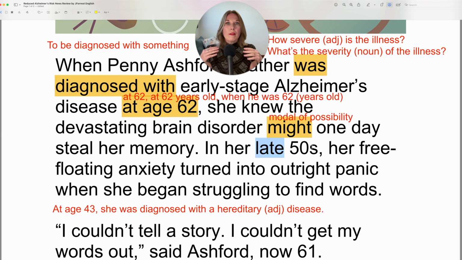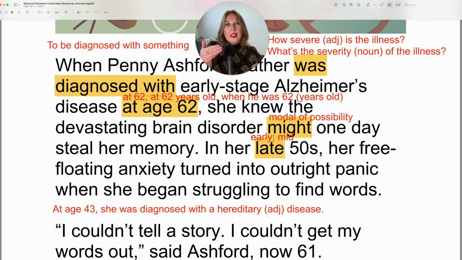Now, we have two other adjectives to describe this category. Do you know what they are? There's early, mid, and late. Early 50s, of course, is 50, 51, 52, 53. Mid 50s, 54, 55, 56. And then late 50s.